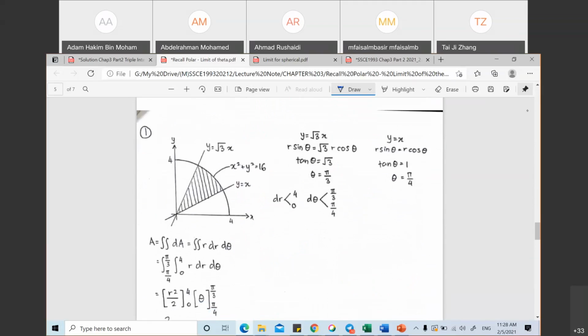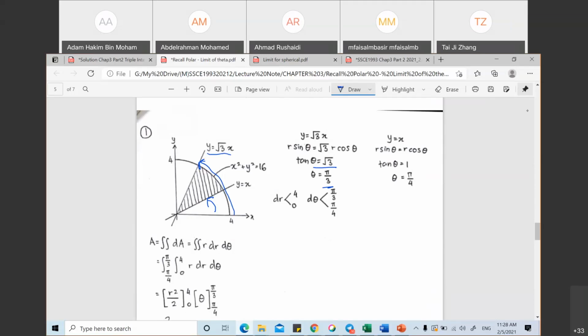For this, you have two things. One, this is the shaded region that we want. So your angle, one is here, which is exactly pi over 4, and another one is here, which is pi over 3. I get pi over 3 from this equation.